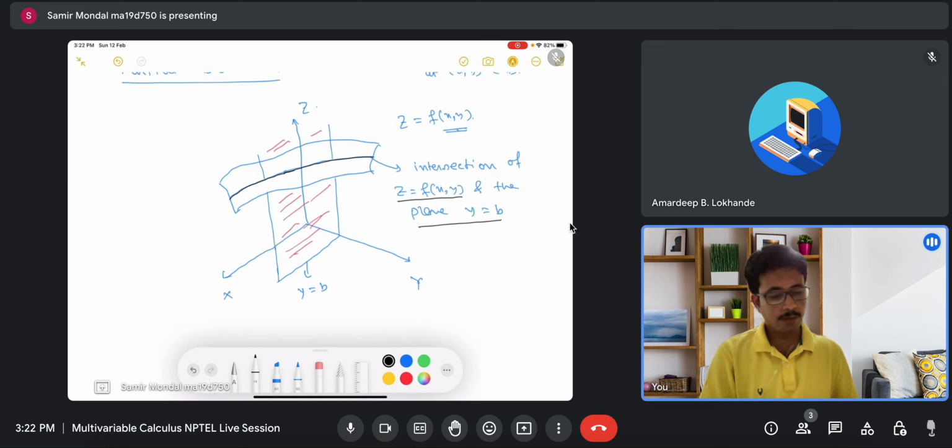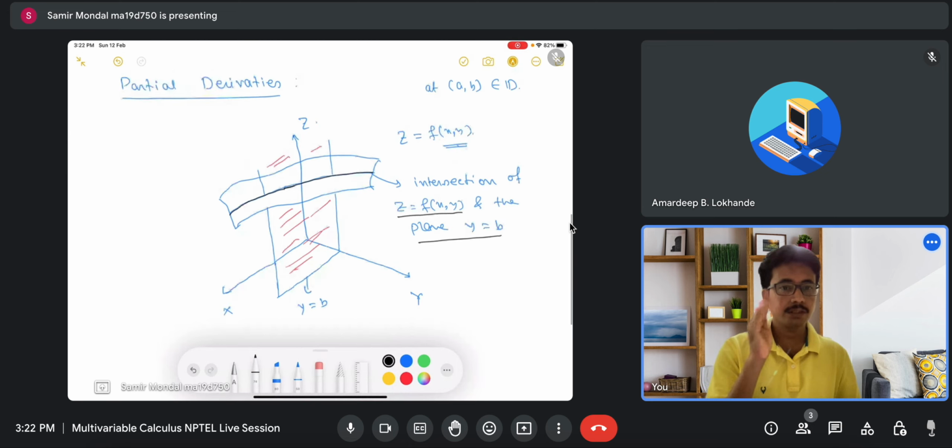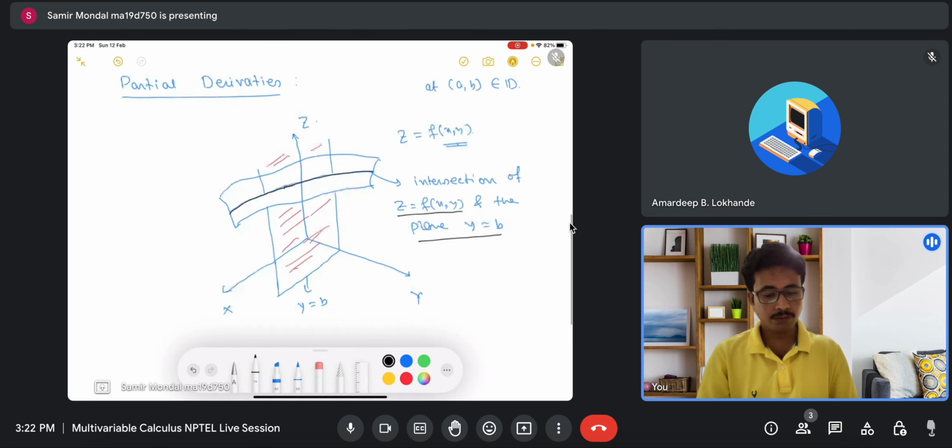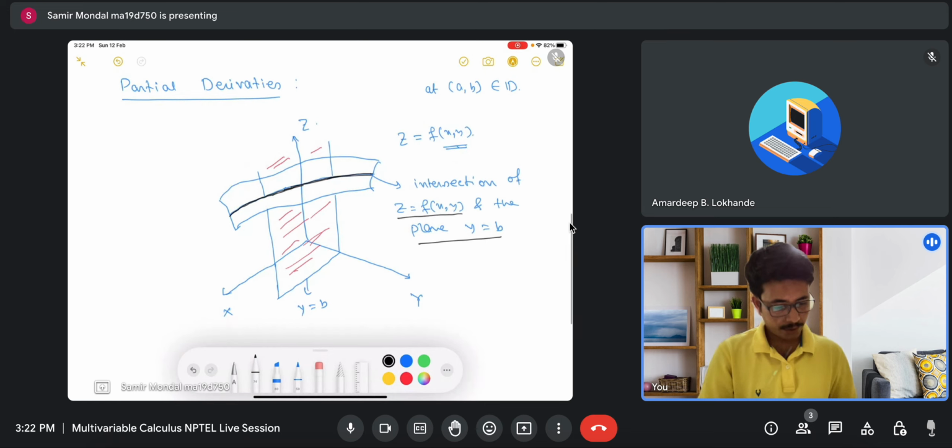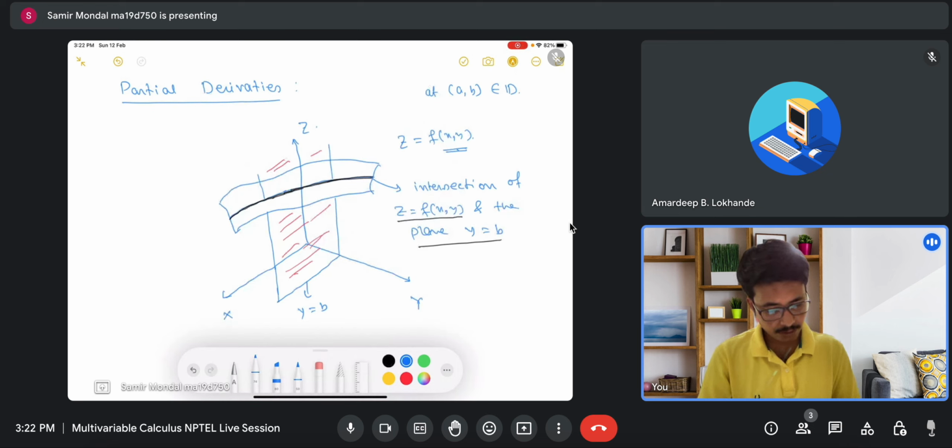Now after plugging in one variable, we get a single variable function. So right now we can think of this as a single variable function. So the partial derivative at the point (a, b): what is this point?